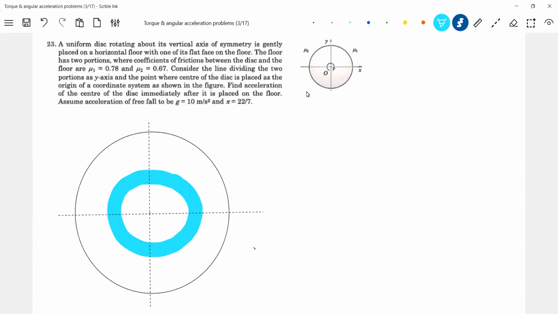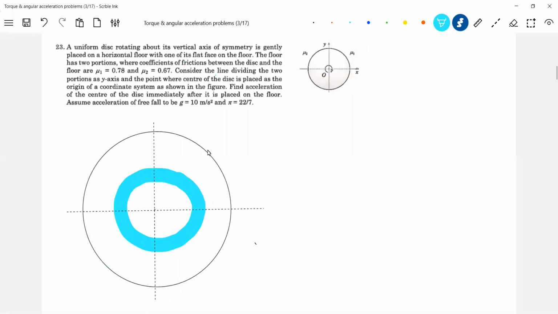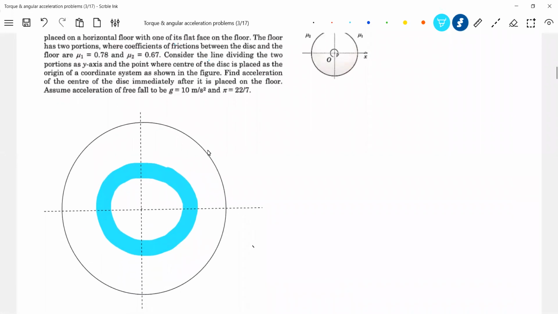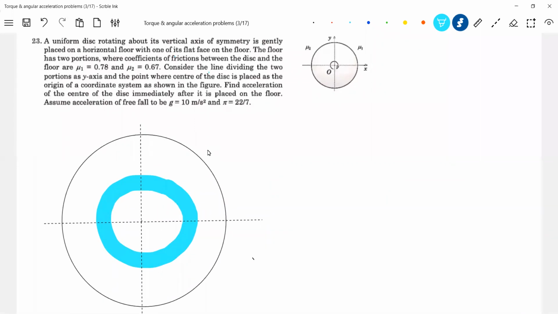I assumed a strip. So what is the width of the strip? Let it be dr, and the radius of this particular ring, let it be r.